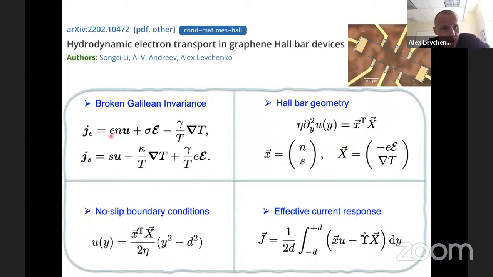It's just electron charge times particle density and hydrodynamic fluid velocity. And this is what it would be for a Galilean invariant fluid. But electrons in graphene are not. And they also have what is called an intrinsic conductivity. So even when the particle density is 0, the electrical current is not.